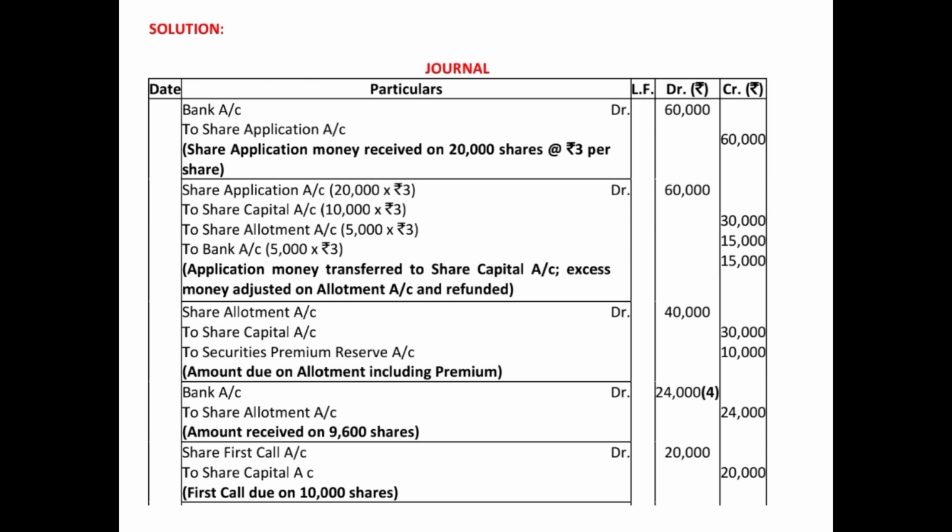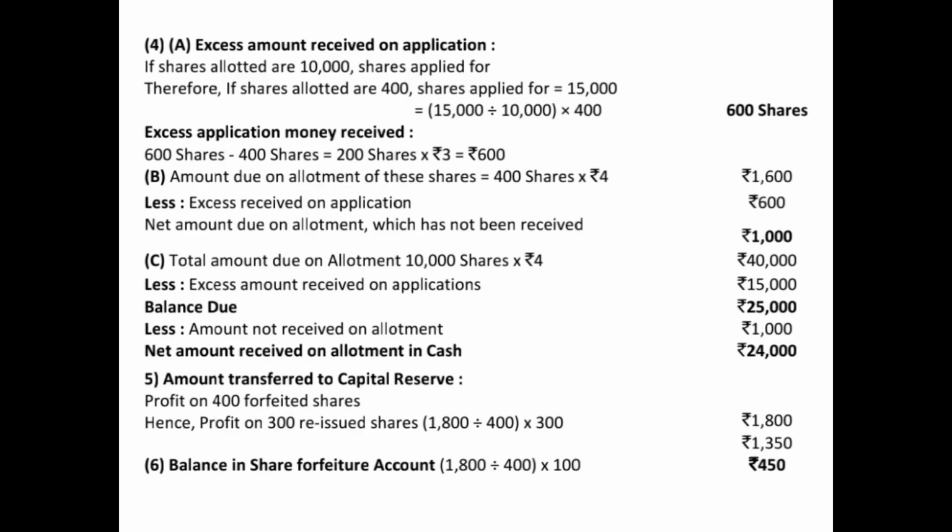Now we know that at the time of allotment there was some call scenario, that the question says that on 400 shares the allotment, the first call and the final call money was not received, and we also know that there was excess of allotment money which was received. So in order to see that, we will just go through the working.